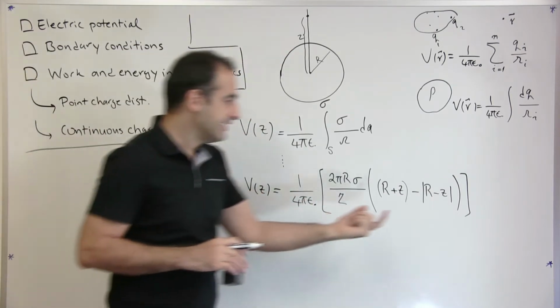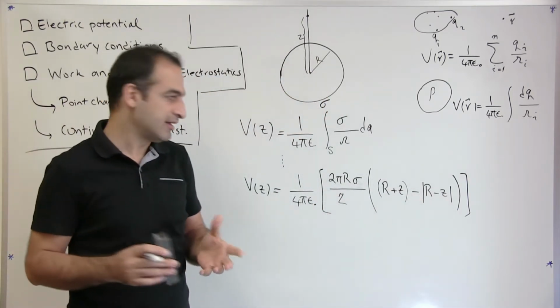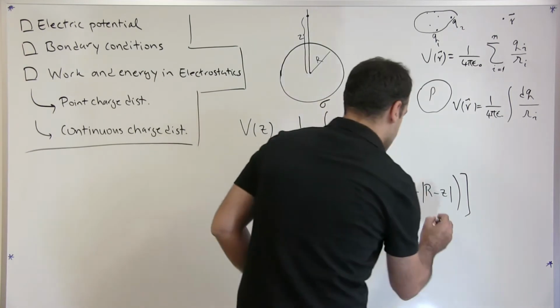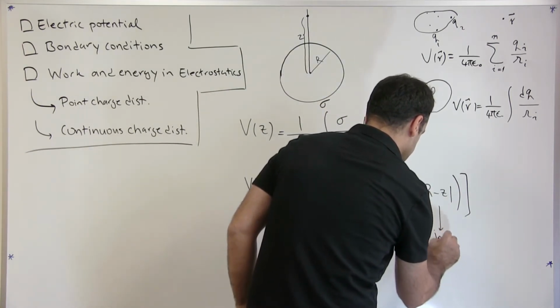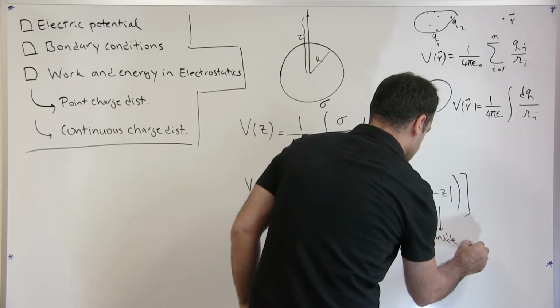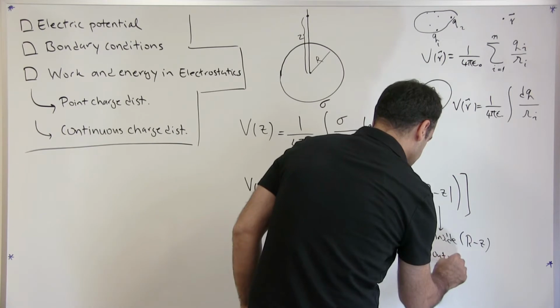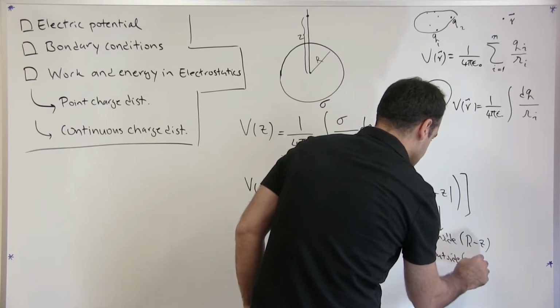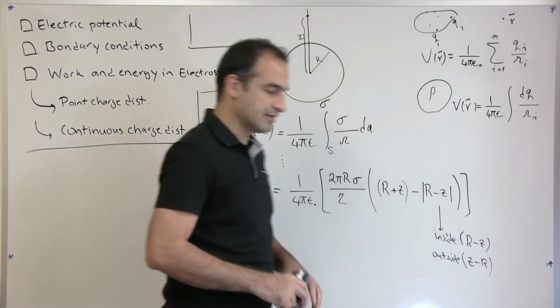If you are inside the sphere, z is smaller than R. So inside, this is R minus z, and outside, this is z minus R, because outside z is larger than R.